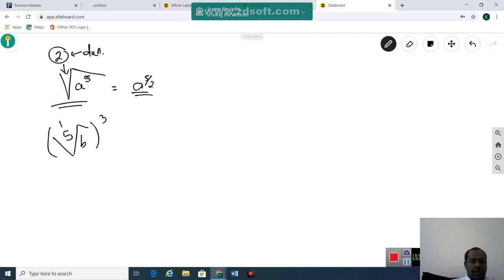So here the index is 5. Since the index is 5, I can use it as the denominator of the exponent. Therefore, it will be b to the power of 3 over 5.